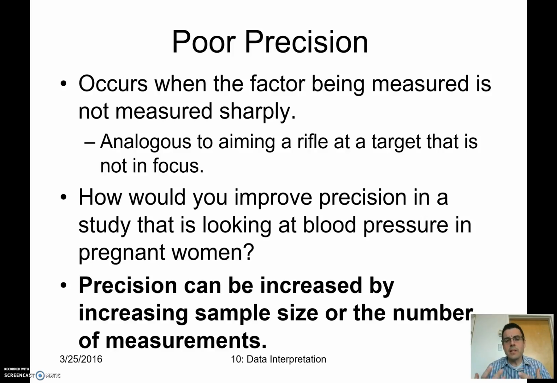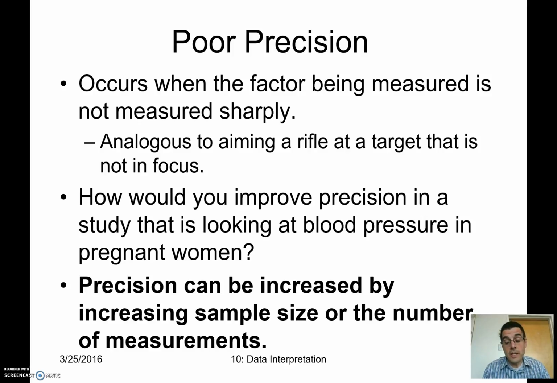So how does that relate to epi research, or the type of instruments that are used when you're looking at study designs? A way that you may be able to relate that is looking at, for example, blood pressure within pregnant women. We know that pregnant women have a potential risk for developing high blood pressure. The way that you would try and improve precision is by increasing sample size within your study.